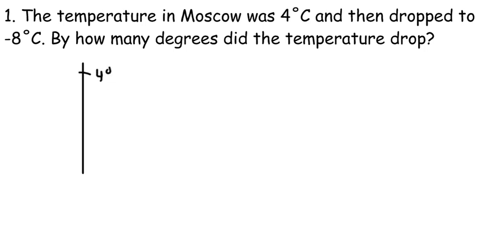I have 0, and then I have to go down as low as negative 8 degrees. So if I want to see how many degrees it's dropped, we'll have to go from 4 to 0. That's 4 degrees there. To go from 0 to negative 8, that's another 8 degrees.